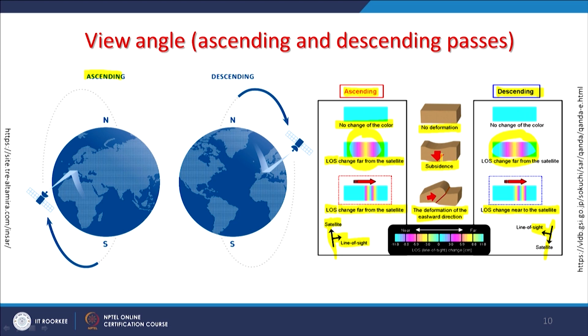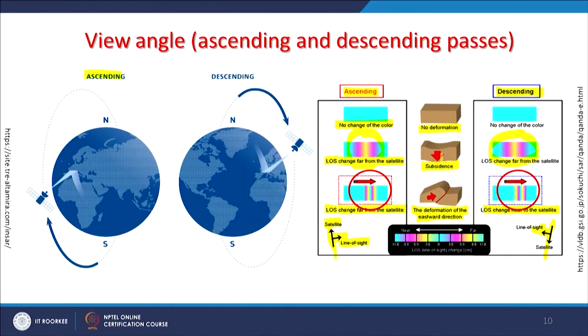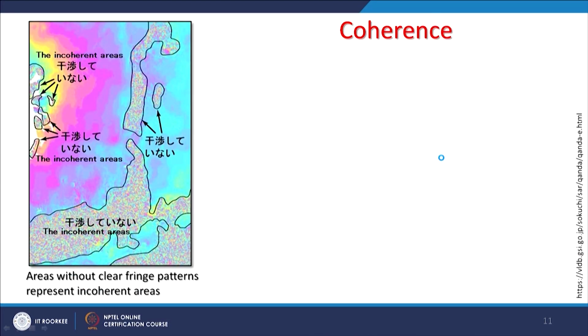One has to remember this deformation is line of sight, because the ground either has gone down or up in the line of sight of the data acquisition. So, in the bottom example the deformations are of magnitude 5.6 centimeter. So, these play a very important role while assessing the quality.